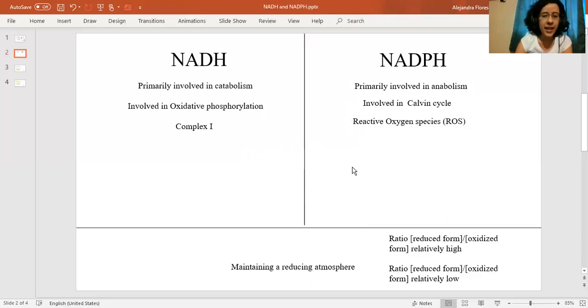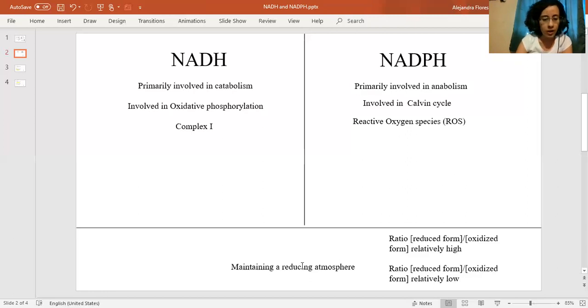As I said, NADPH is the essential product of the pentose phosphate pathway. But why? This is the reason why. NADPH has an essential role in reducing glutathione. And by reducing glutathione, it's possible to eliminate or destroy the hydrogen peroxide and the hydroxyl free radicals.